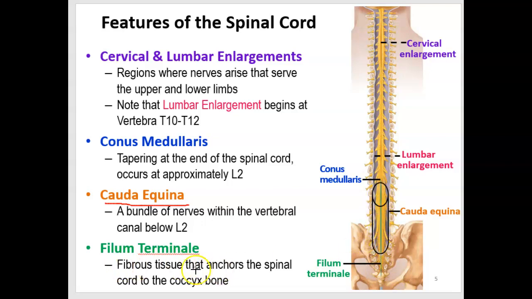Within that bundle of nerves, there's a central structure called the filum terminale, and it's a connective tissue that anchors the spinal cord in place at the coccyx bone so that it's not just swaying back and forth from the brainstem downwards.